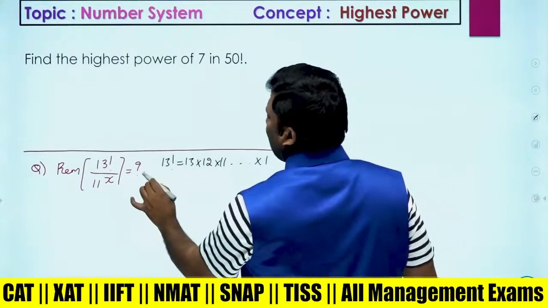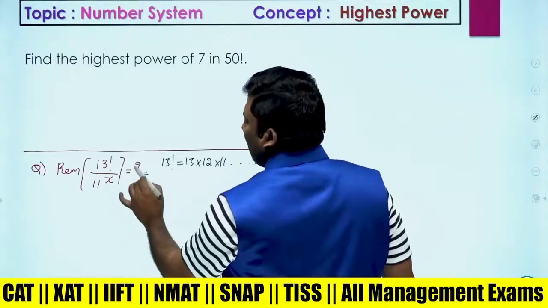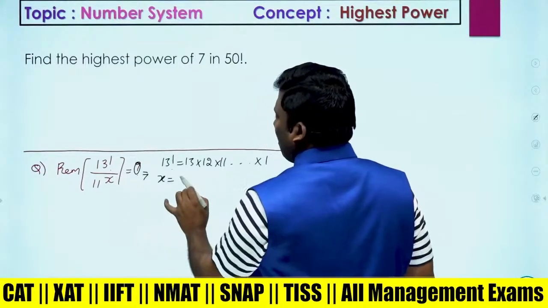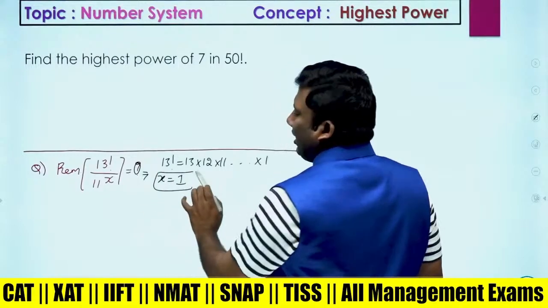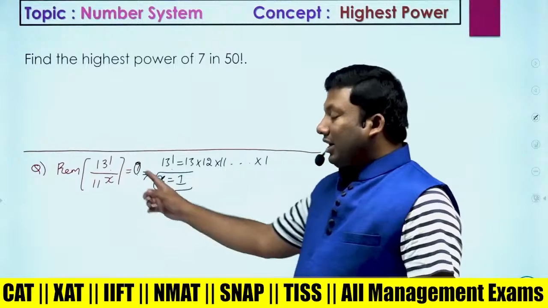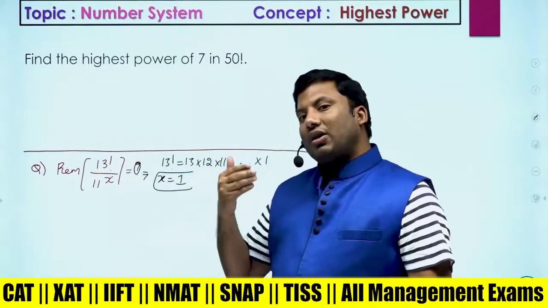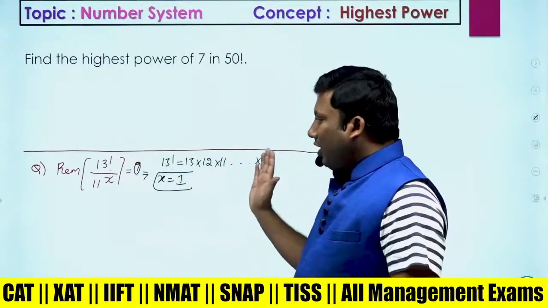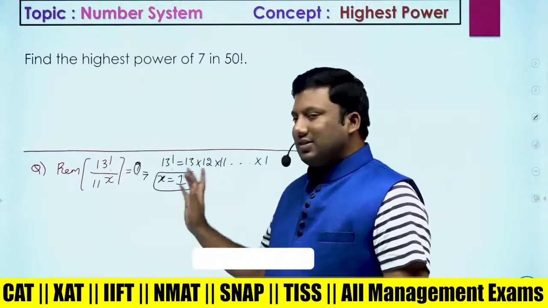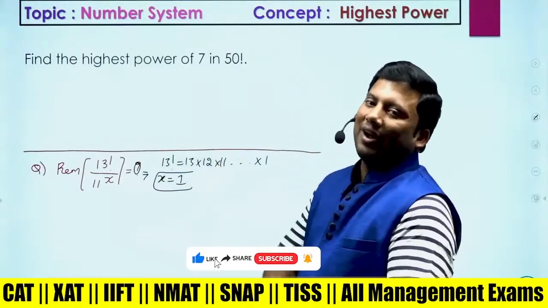It contains 11, so the remainder is 0. How many powers of 11 are there? 1 power of 11 is there. So x is equivalent to 1. Are you all with me?